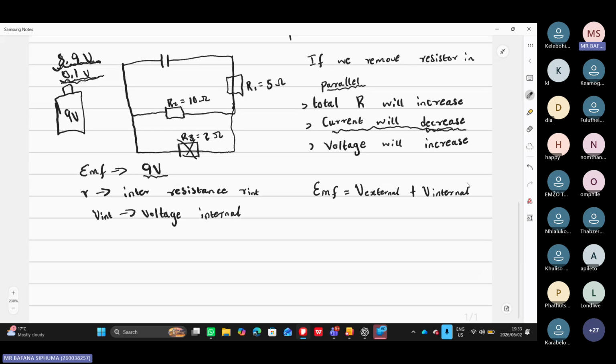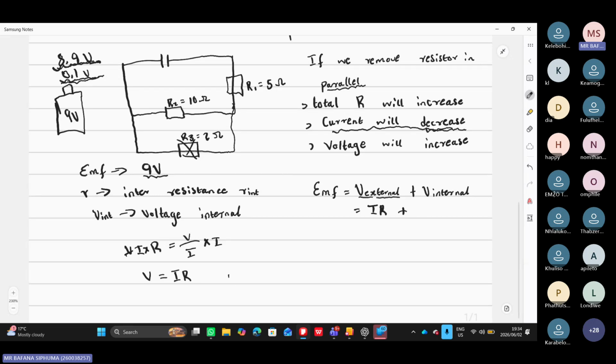So again, when I break down the formula, V external is simply obeying Ohm's law. You know that in Ohm's law, R is equal to V over I, and when you cross multiply by I on both sides, at the end of the day I'm going to have V is equal to I R. So I'm going to write I R in the place of V external, plus my V internal.